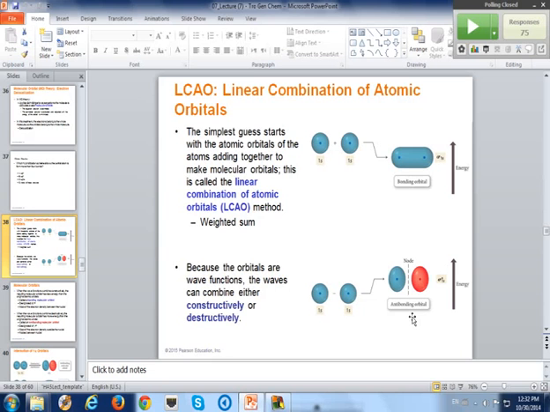Right? And in the linear combination of the atomic orbitals, in forming the molecular orbitals, the number of molecular orbitals that are produced from the linear combination is equal to the number of atomic orbitals that are blended. In this case, we blend two of the atomic orbitals. So there are two possible molecular orbitals that can result.